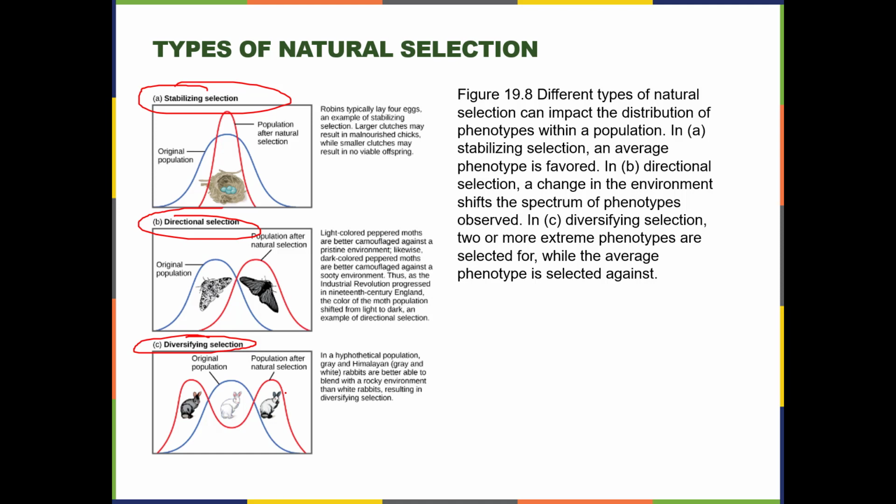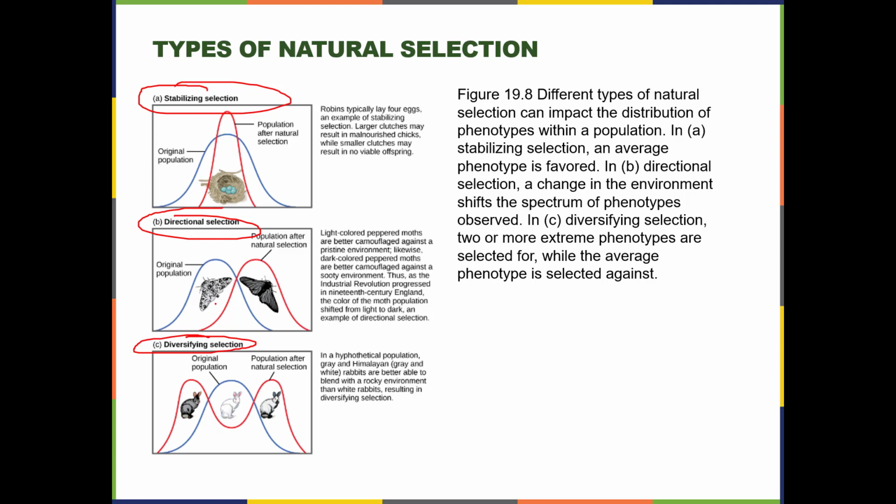Okay, so stabilizing selection. In these drawings you have a bell curve of phenotypes and genotypes. The initial population is the bell curve in blue, and after selection, the end result is in red.